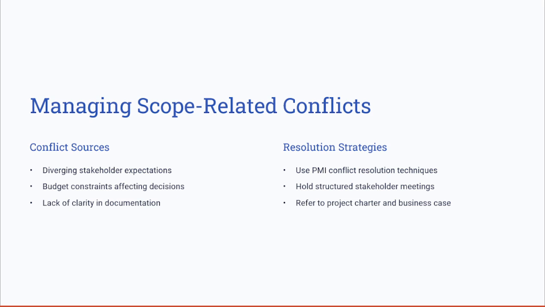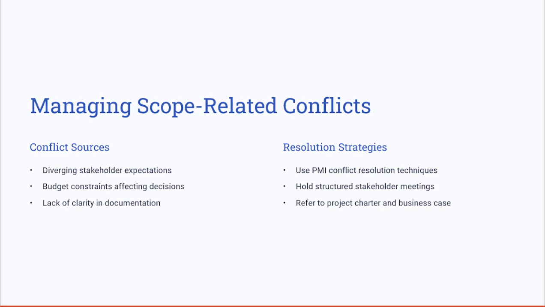Also, the next strategy to resolve these conflicts is holding structured stakeholder meetings to ensure the alignment of your stakeholders with the expectations. Setting realistic expectations with the stakeholders is very important as well. Another strategy is to go back and review the project charter and the business case for guidance to understand the main purpose of the project.